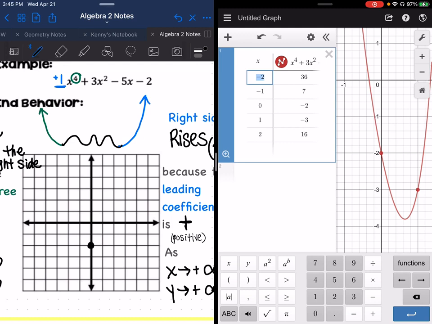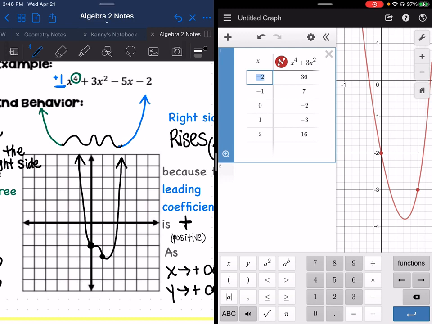I could do 1, -3. I don't think I could do the 1, 7. I don't think I have enough. Yeah, I don't have enough. So it looks something like this. And I think if we zoomed in enough, there would be a little bit of another little bump in there, but I just can't zoom in enough.